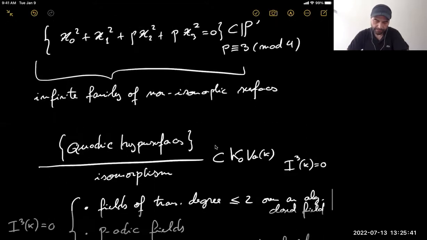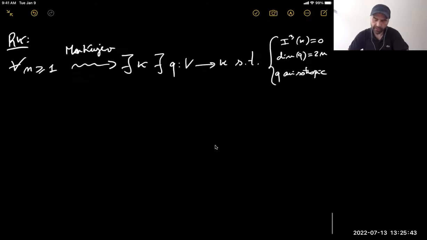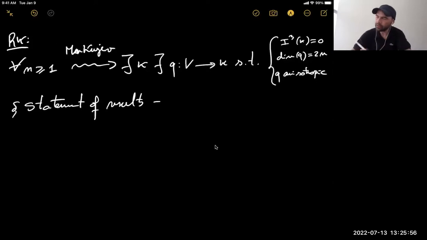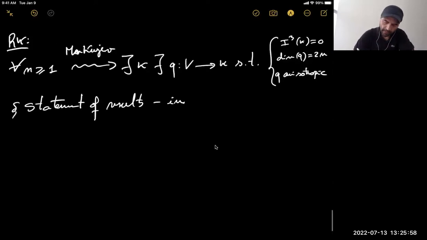Okay, so now let me generalize these results. So going from quadrics, we can go one step further. So we can have another statement of results, and now about involution varieties.